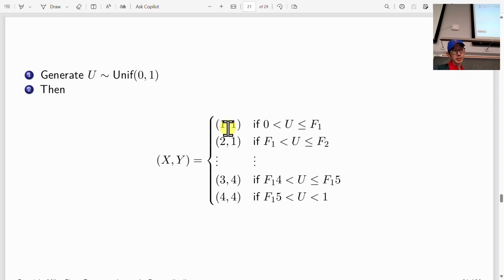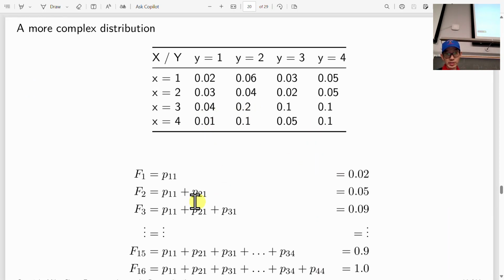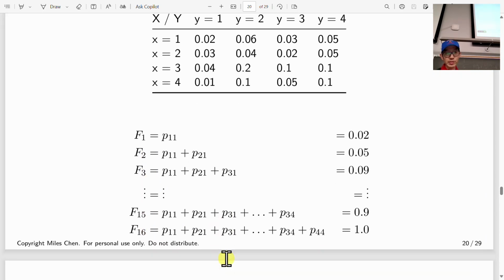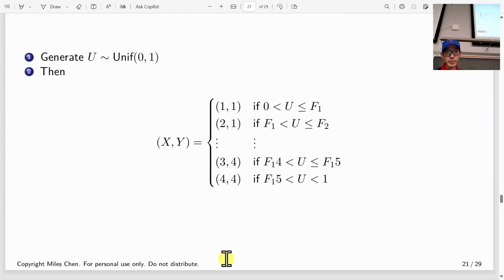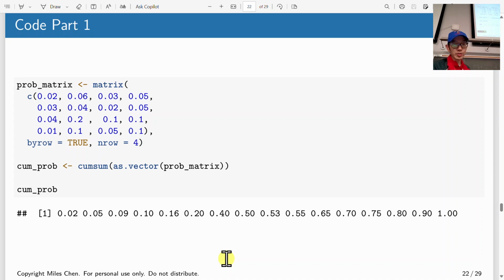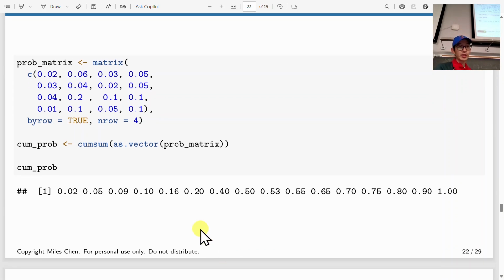So you have to map everything out there, calculating all of these cutoffs: F1, F2, F3, F16, and so on. How would you go about doing this? Here I've got a matrix.